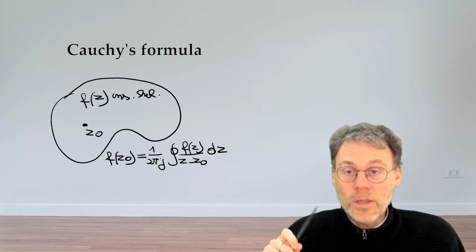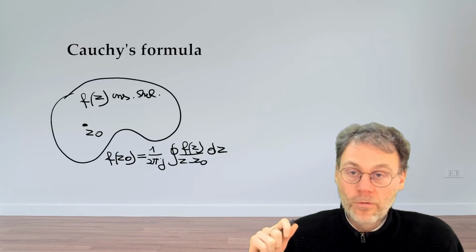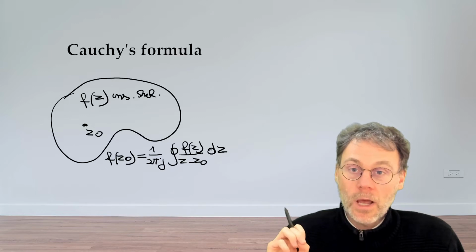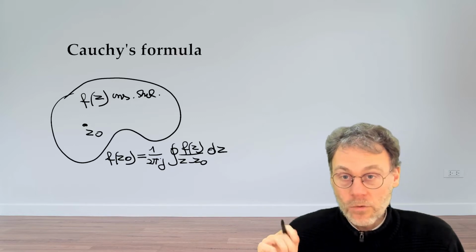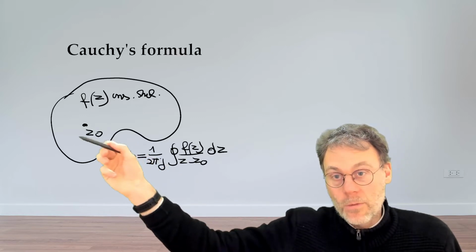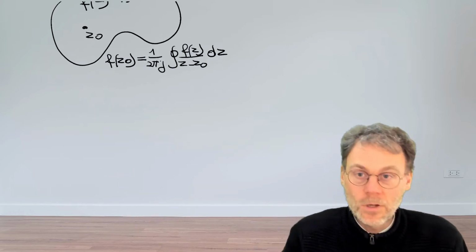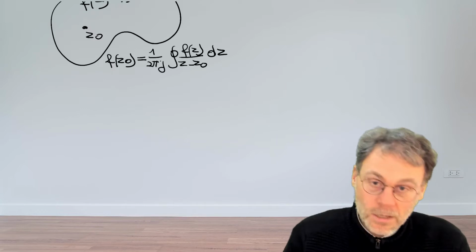Okay, with that out of the way, let's try and prove Cauchy's formula. It would be useful to make use of Cauchy's theorem, but we can't because there's a problematic point inside. However, we could do something clever by taking an extended contour.